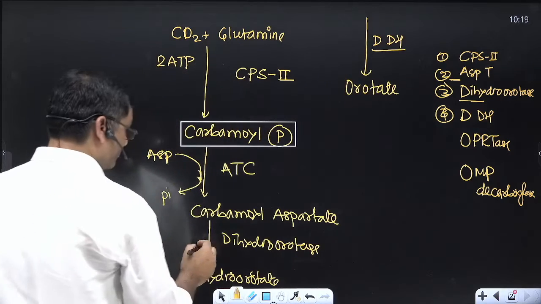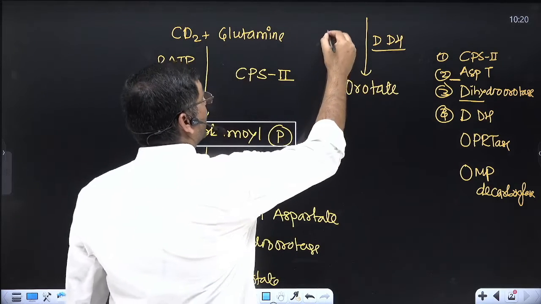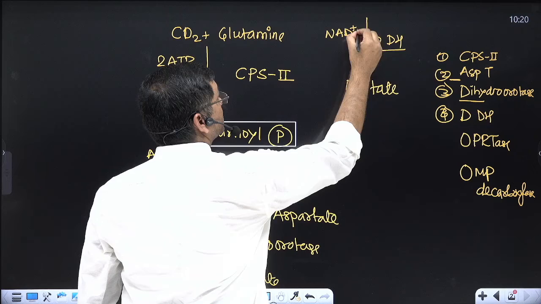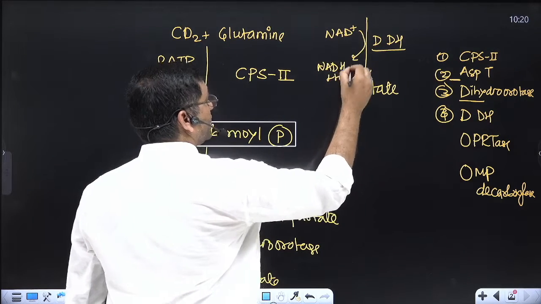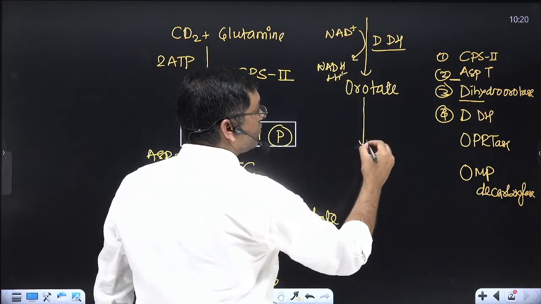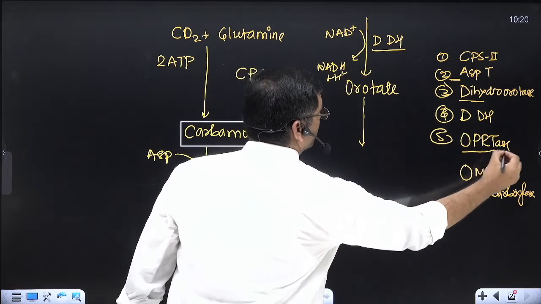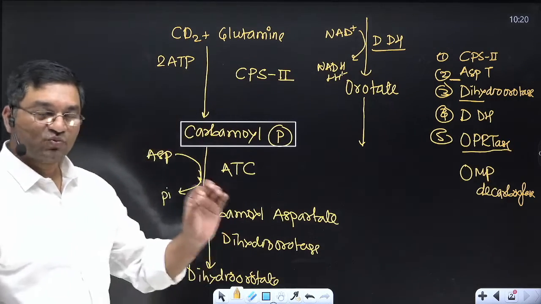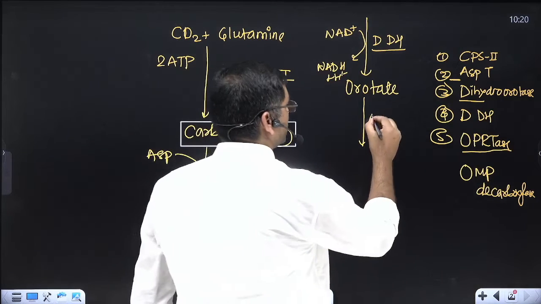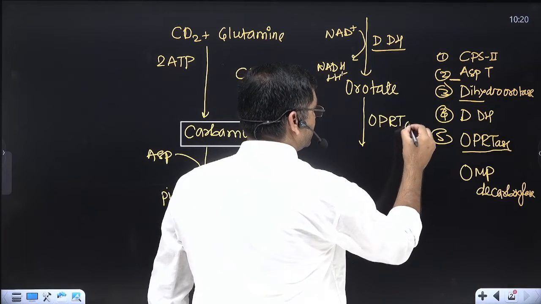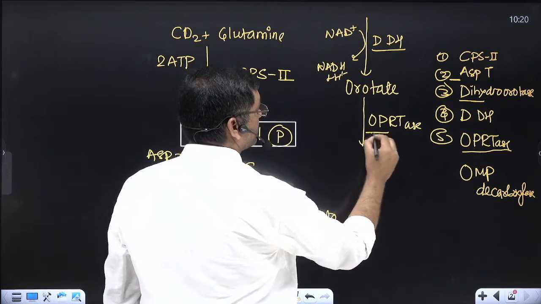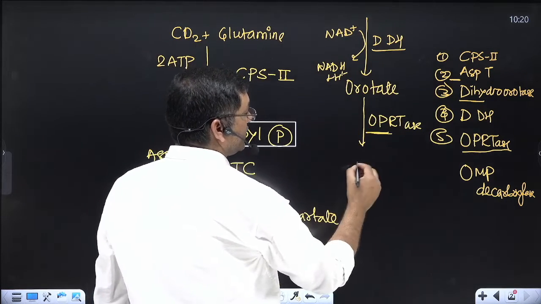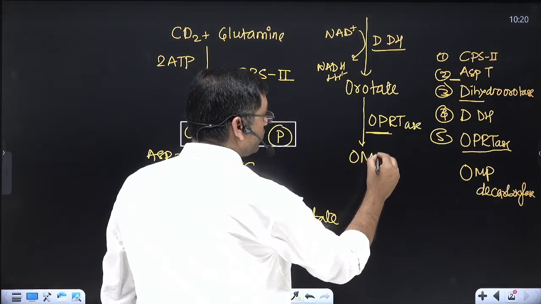So here NAD is required, which is converted into NADH. Now this orotate, with the help of the fifth enzyme OPRtase, orotate phosphoribosyl transferase, is converted into OMP, orotidine monophosphate.